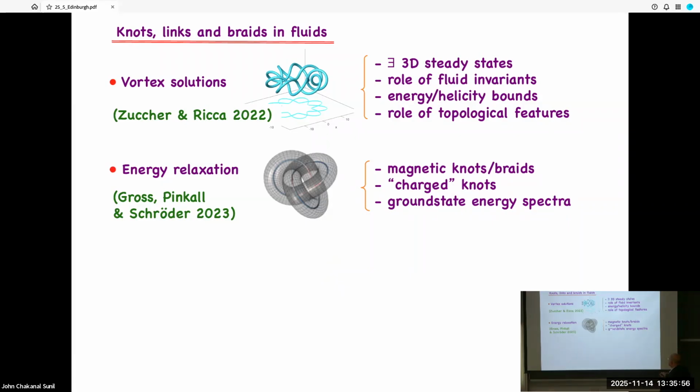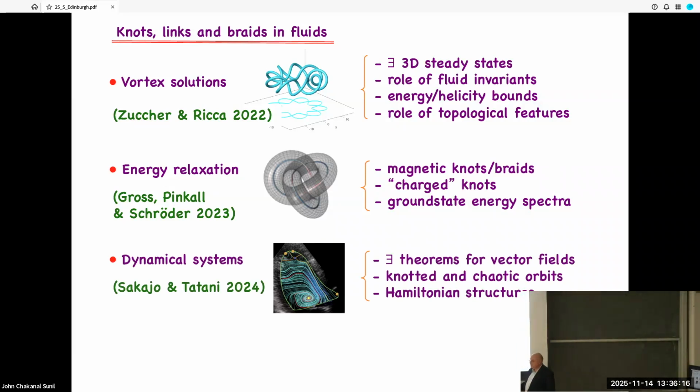And there is this business, ground state energy spectra, because you think that you relax to the minimum energy state of, say, these magnetic knots, and maybe you can say something about the ground state energy as in Kelvin of, let me say, quarks or something like that.